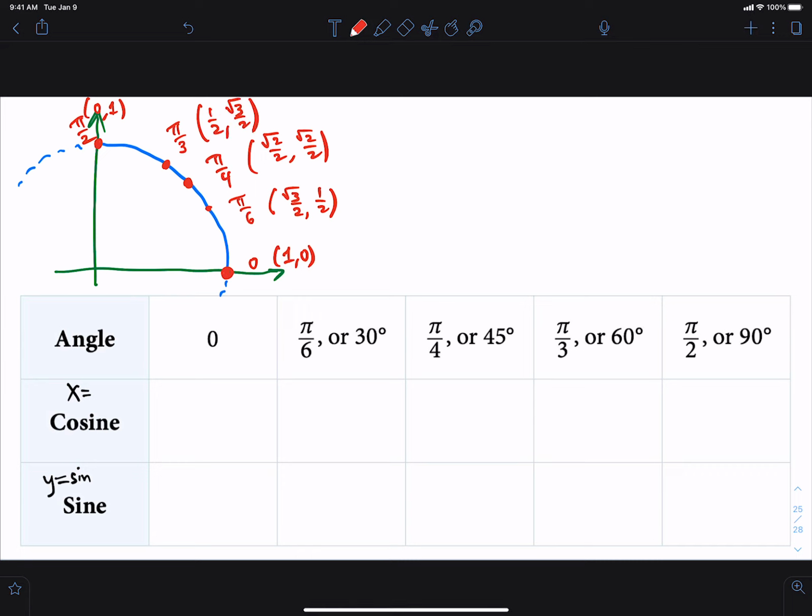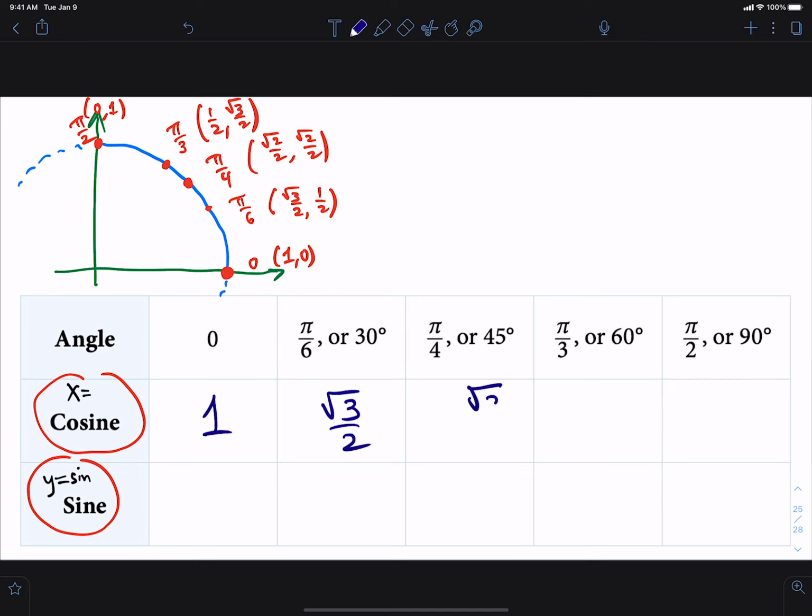And just remember, x is the cosine, y is the sine. So just reading off, we can just read it off. The x coordinates are 1, root 3 over 2, root 2 over 2, 1/2, and 0. And the y coordinates are the same numbers but in reverse order because there's some symmetry here.